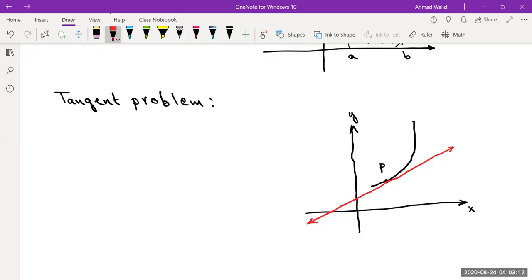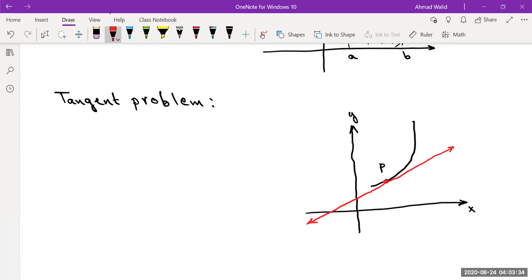A tangent line is a line that touches the curve only and only in one point. Actually, they say touching the circle in one point. That circle is also a curve, right? Our goal here is to find the slope of this line at this given point.